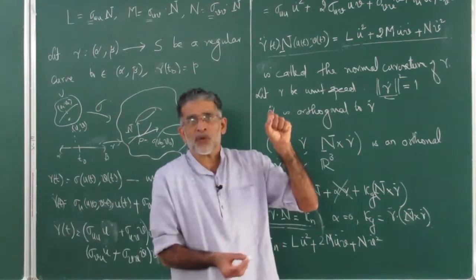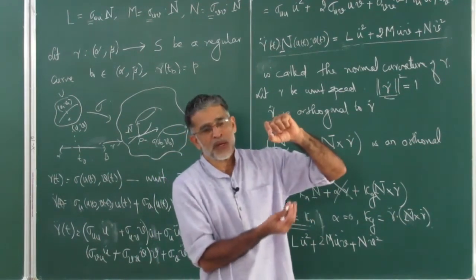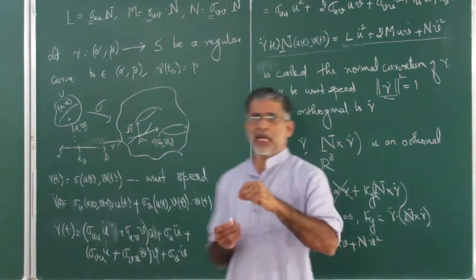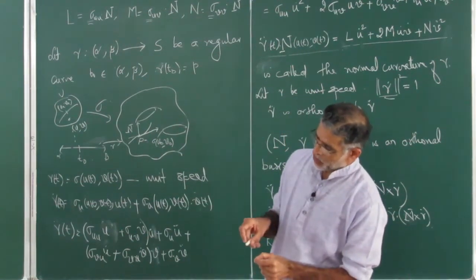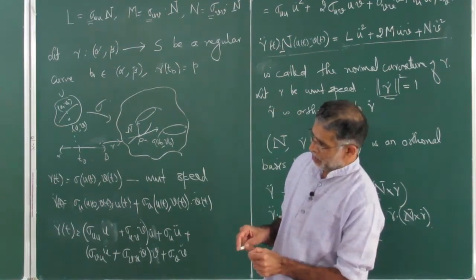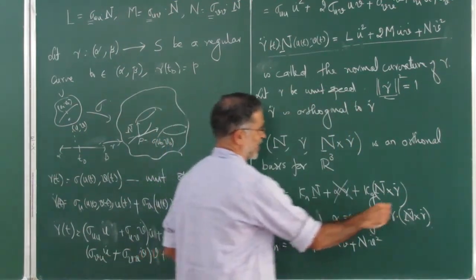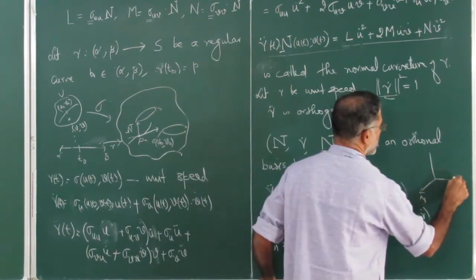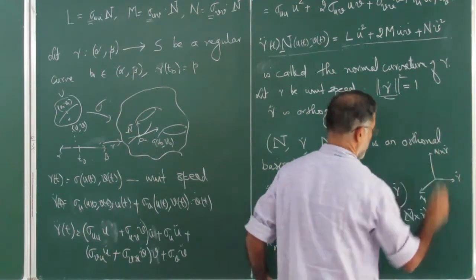So if you look at it from this side, if it is x-axis, then y-axis, then your z-axis must be in that direction, right? Let me look at it. This is your n, this is your gamma dot, and this is your n cross gamma dot.